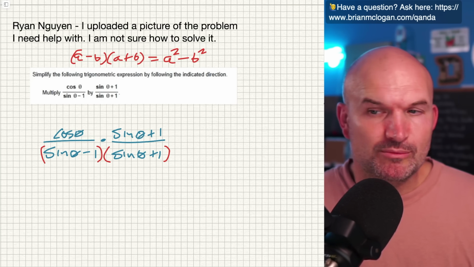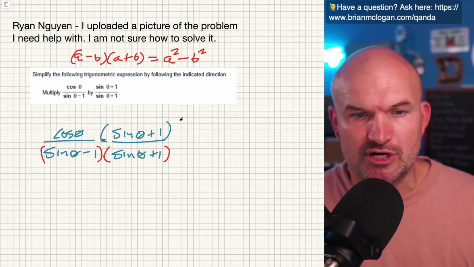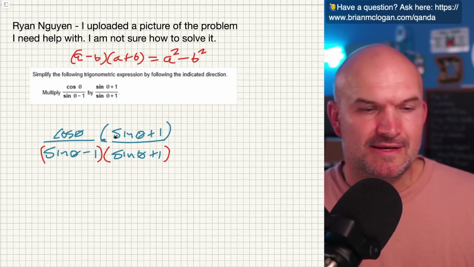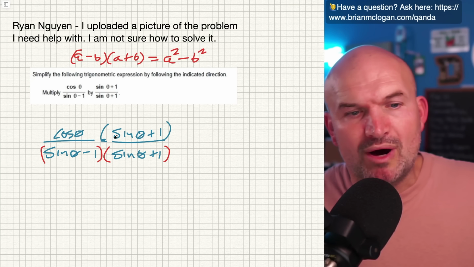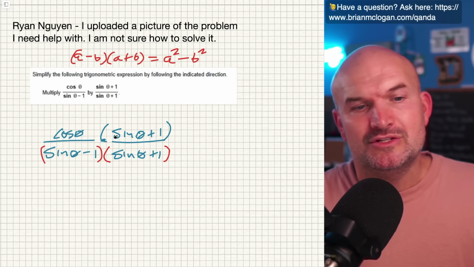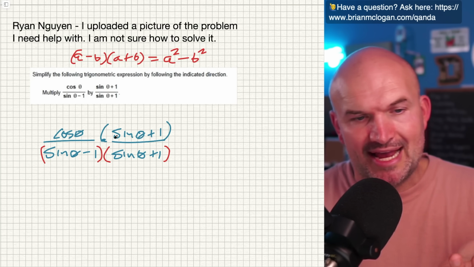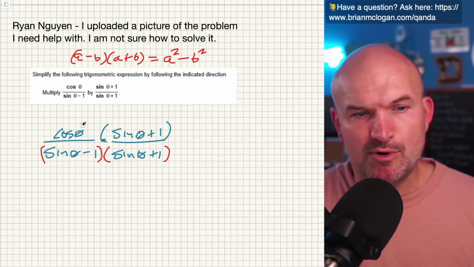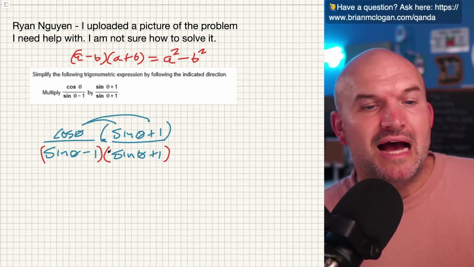Now, up top on the numerator, I'm not going to do that yet. You could distribute the cosine to both of those terms, but a tip you learn when working with identities is that you don't always want to expand things. A lot of times we want things to divide out. So I'm going to wait until the last moment to distribute. It's more work, but there's nothing mathematically wrong with multiplying this out.